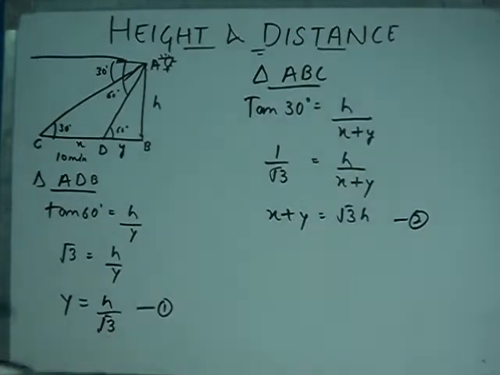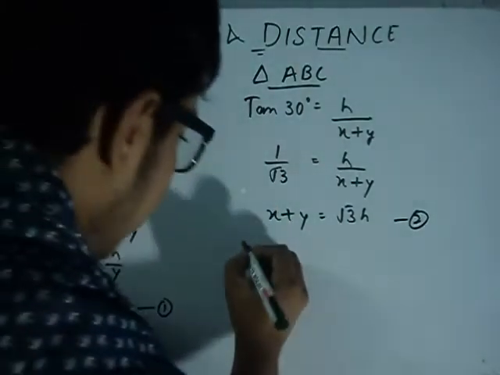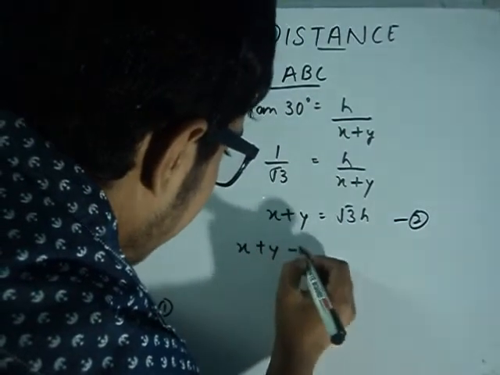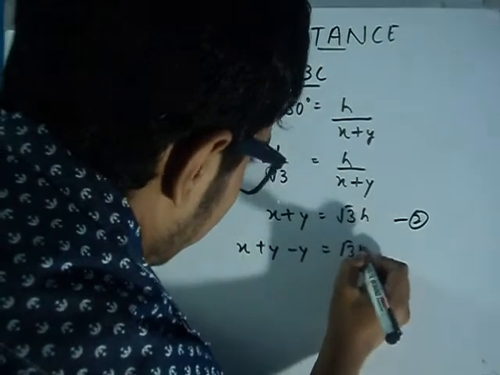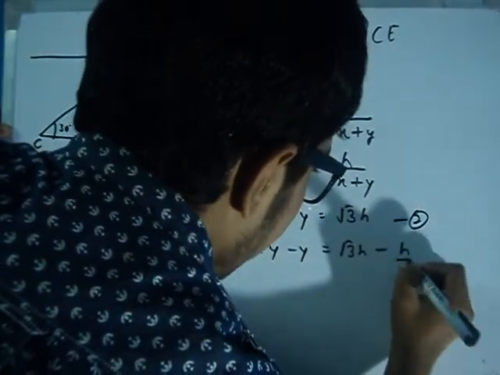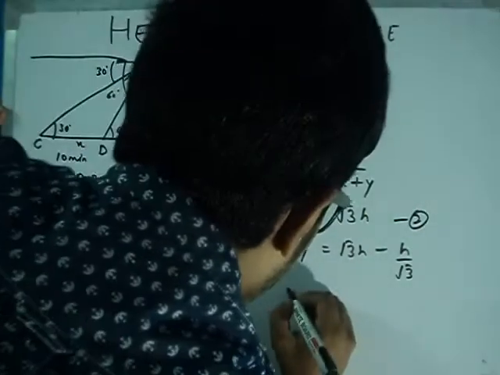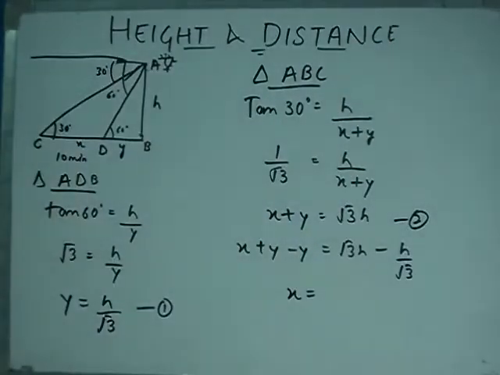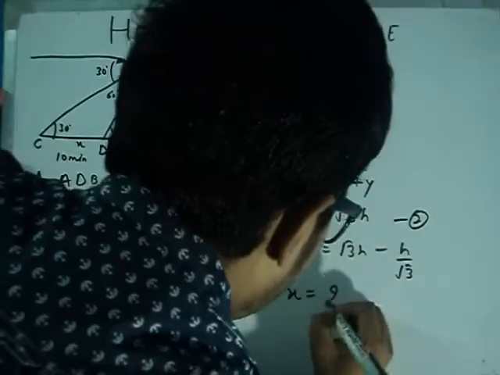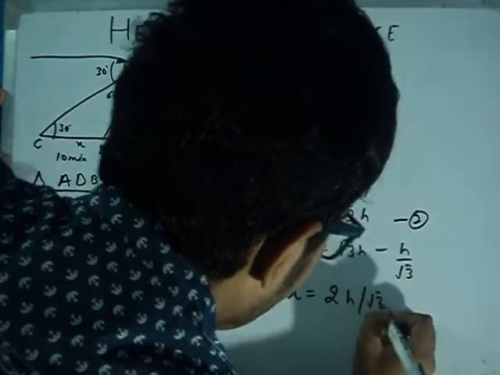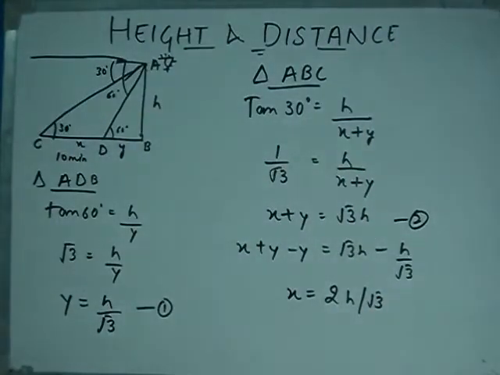Subtract first from second, and what we get is x plus y minus y equals root 3 h minus h by root 3. From this we get the relation between h and x. What we get is x is 2h divided by root 3. So we get this distance value.